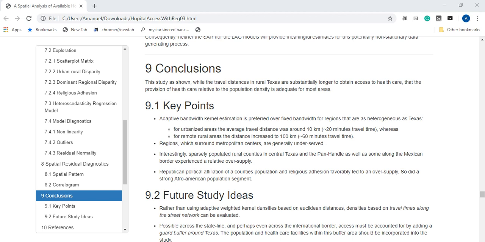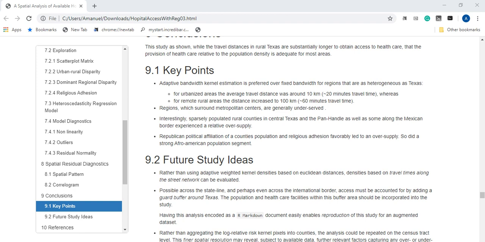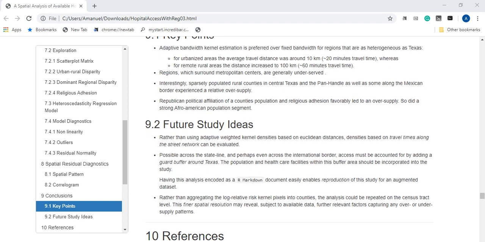For urbanized areas, average travel distance was around 10 kilometers, while for rural areas it's around 60 minutes travel time. Sparsely populated rural counties in central Texas and the Panhandle were relatively oversupplied. Republican political affiliation of counties goes with a higher supply of hospital beds.